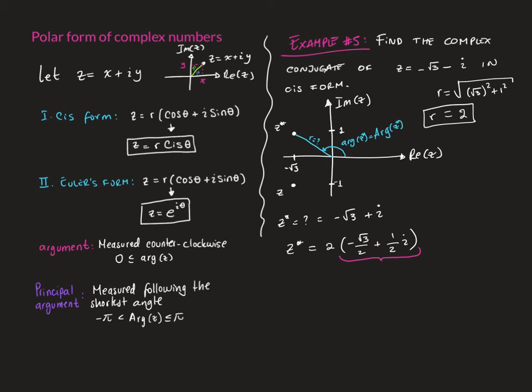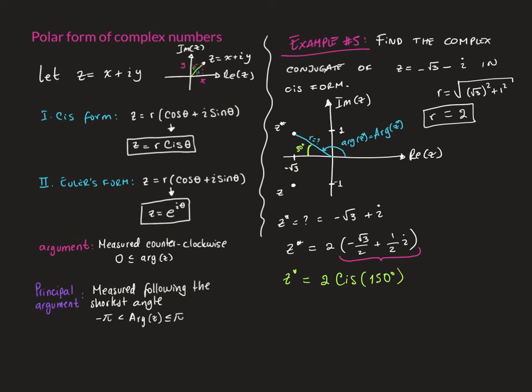Now that angle is going to be related to 30 degrees. So in our original diagram, where is that 30 degrees located? 30 degrees are going to be located right there. So the angle that we want is actually 150 degrees. So the final answer, z conjugate, would be 2 cis of 150 degrees.